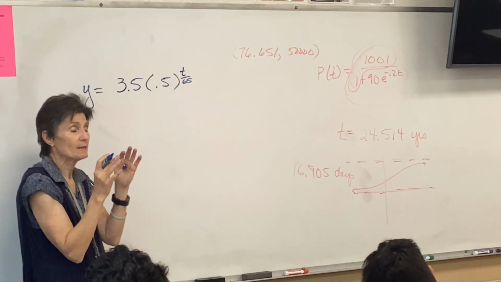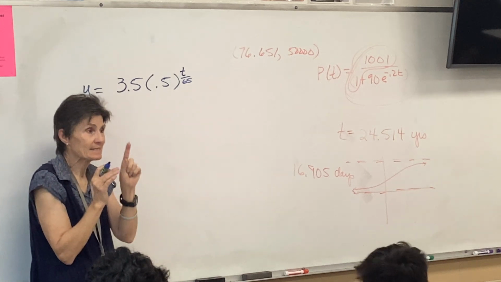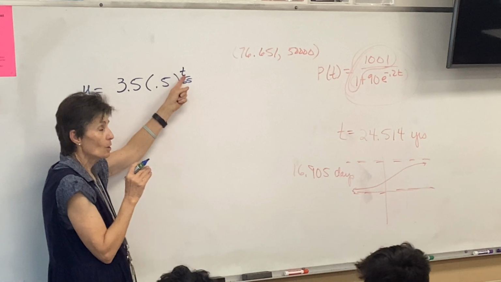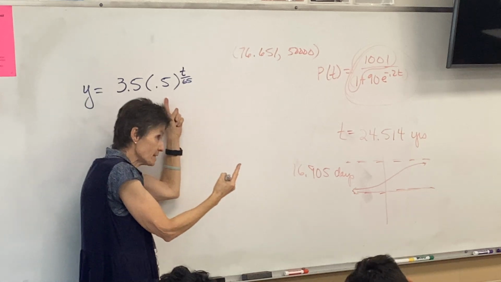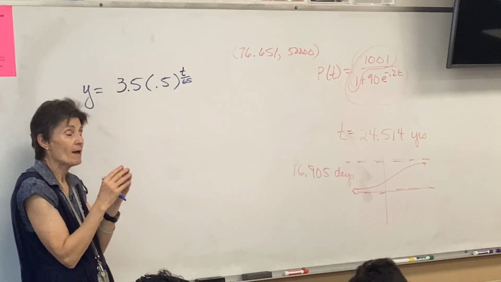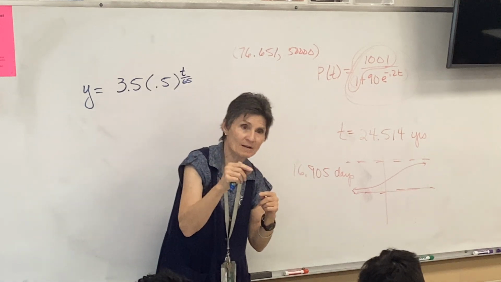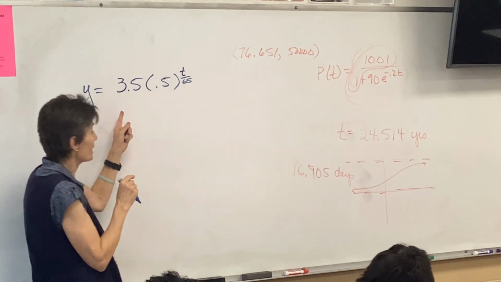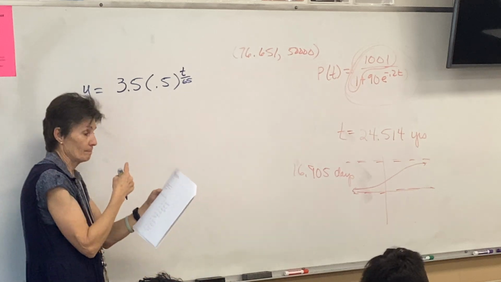Now, before you get freaked out, stop. If I put 65 in there, wouldn't that give me a 1? And I would cut it in half one time, which is exactly what's supposed to happen, right? So every 65 days means, think of it like this, per 65 days goes in the denominator. 65 goes in the denominator.